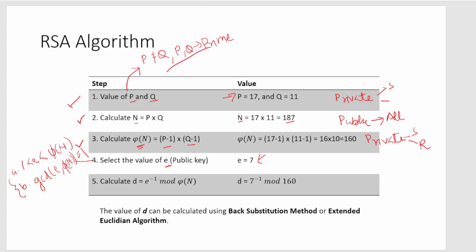You can check the GCD of phi n and E with the help of the Euclidean algorithm or the back substitution algorithm. Or you can use what you learned in your school days about how to check the GCD of two numbers.